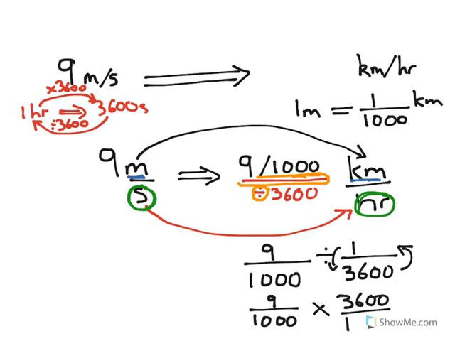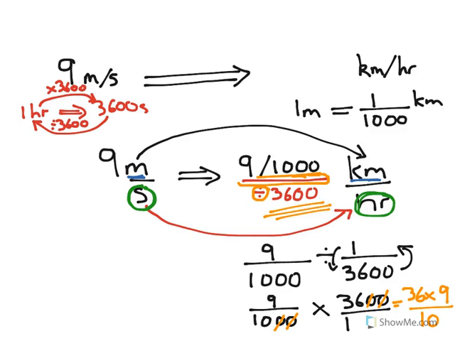So what happens when we are changing meters per second to kilometers per hour? The 3,600 down here gets inverted and actually gets multiplied by the 9. So we can see that we've got some zeros here that will cancel, and we get 36 times 9 divided by 10.